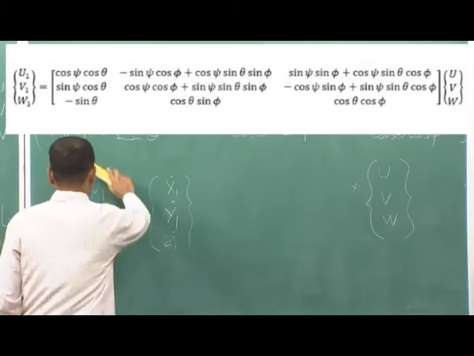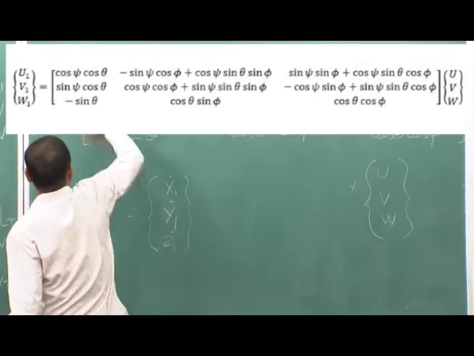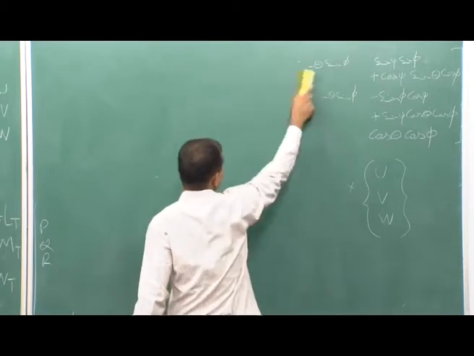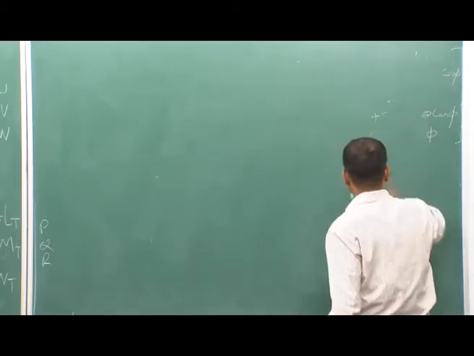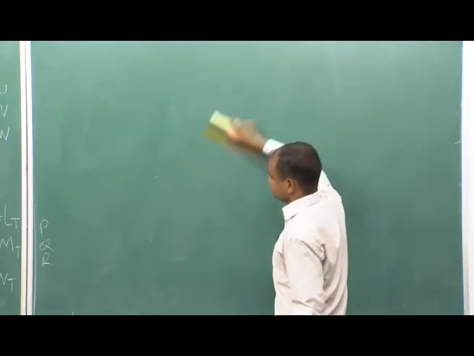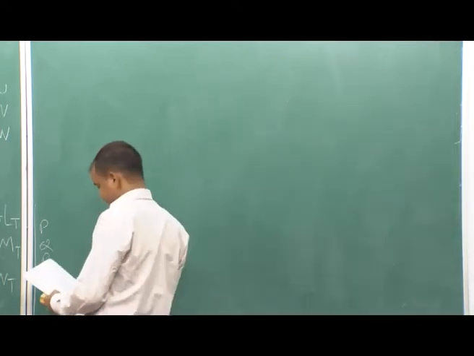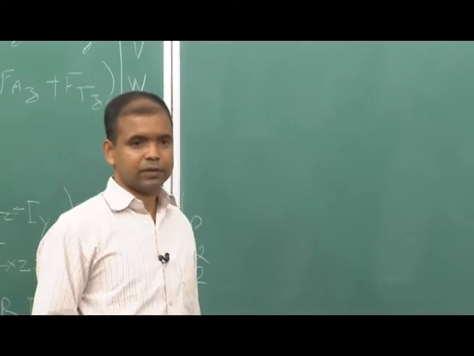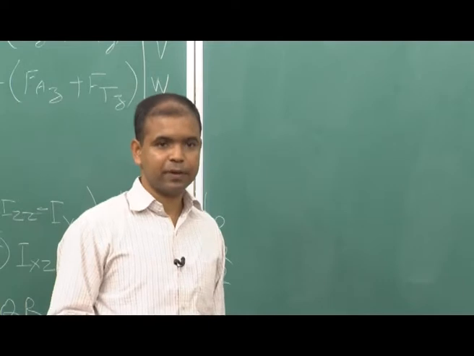So, to get this, we will do a small manipulation. The matrix that we had derived to convert the body frame into inertial frame or inertial frame to the body frame, this we call the flight path equations. So, now our target is to find the three other angles psi, theta and phi.